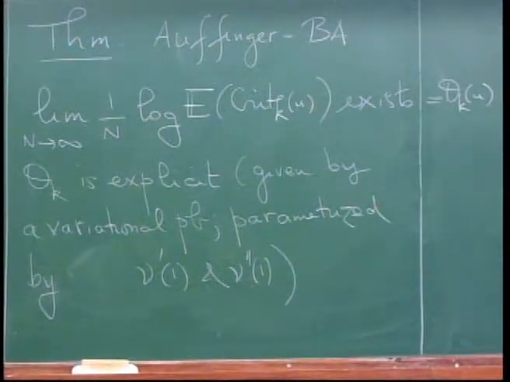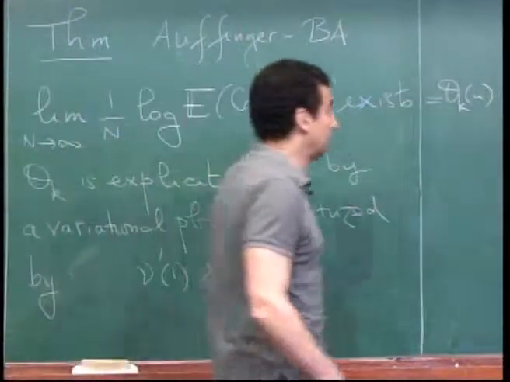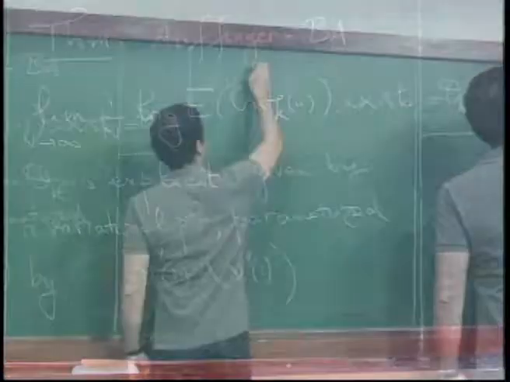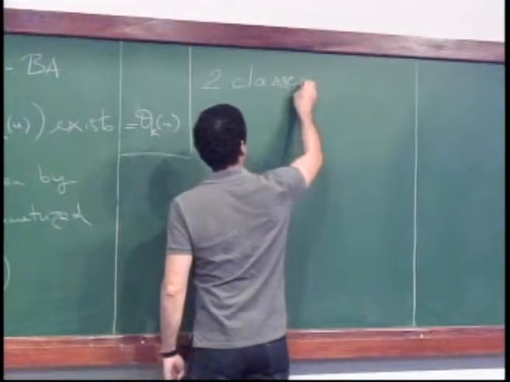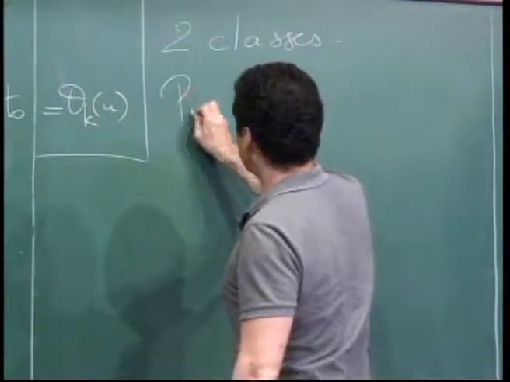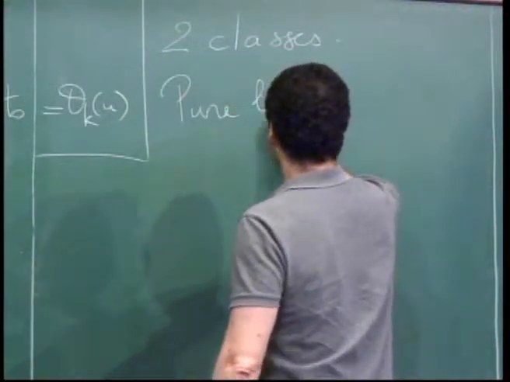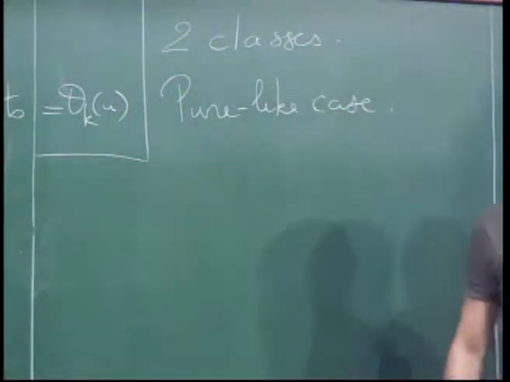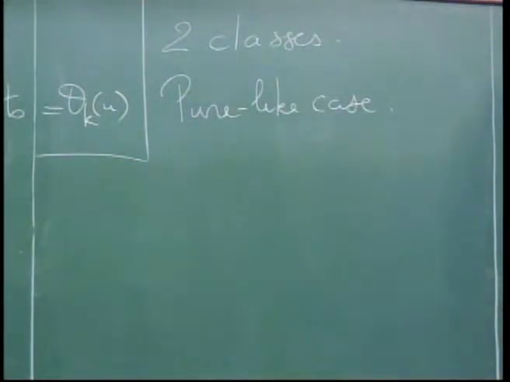So this thing is explicit, and you have 2 classes that come from this. One that I call the pure-like case, which will look, of course, like the pure case that we had before.